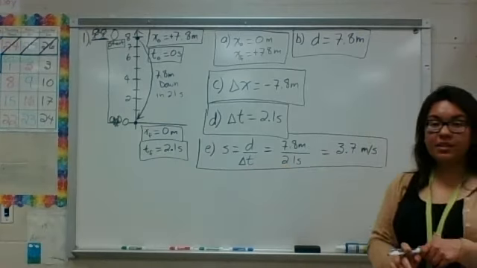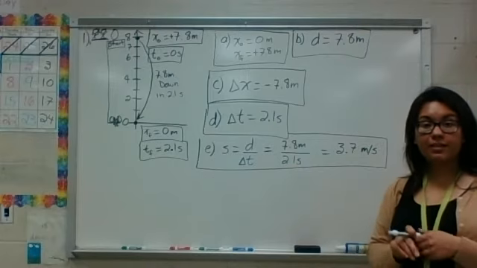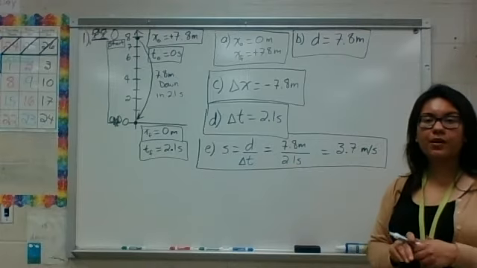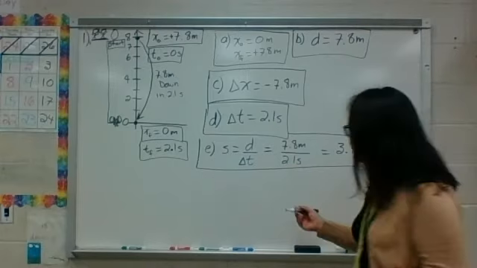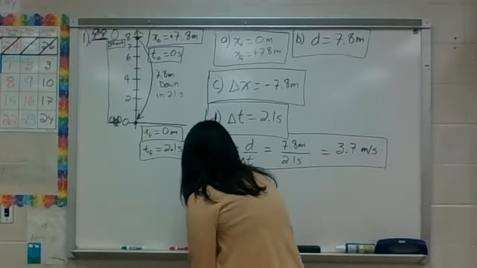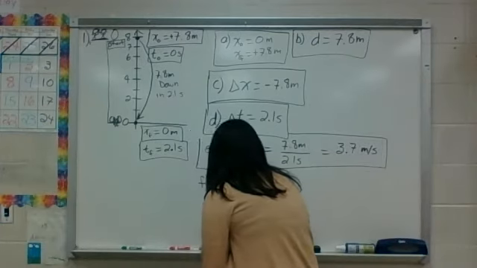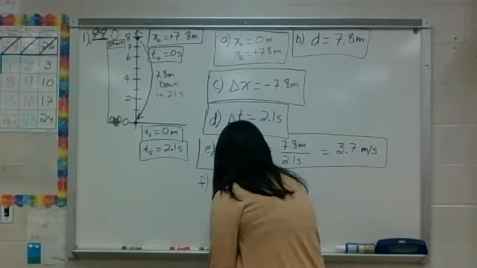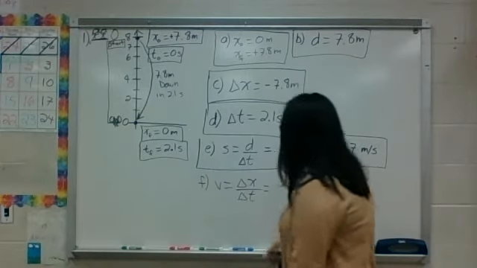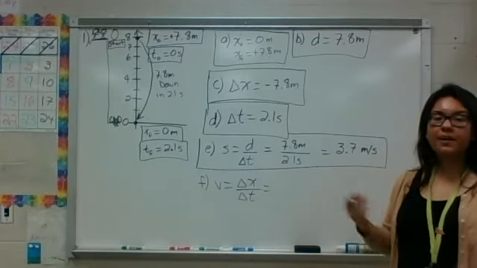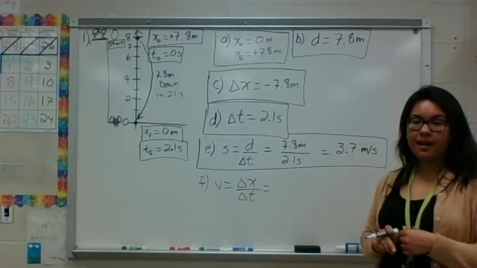Now, we also need to calculate average velocity. So again, we are going to start with the equation for average velocity. So part F, the average velocity is equal to the displacement of the object divided by the elapsed time.